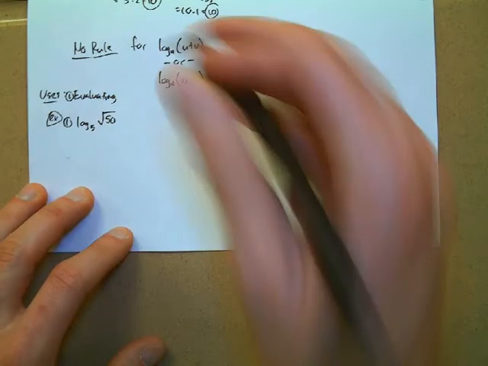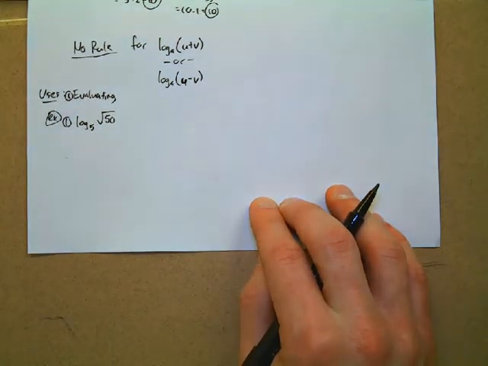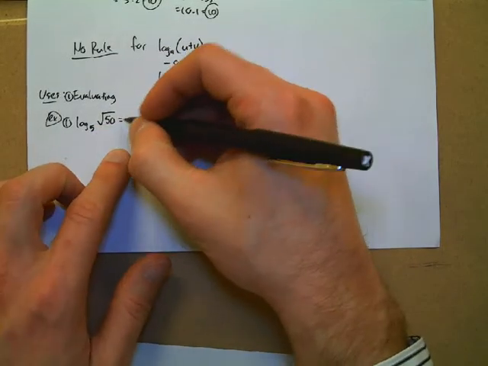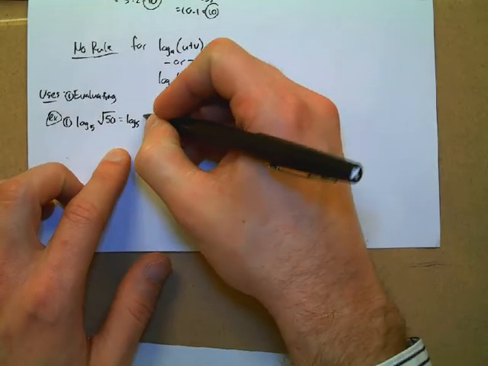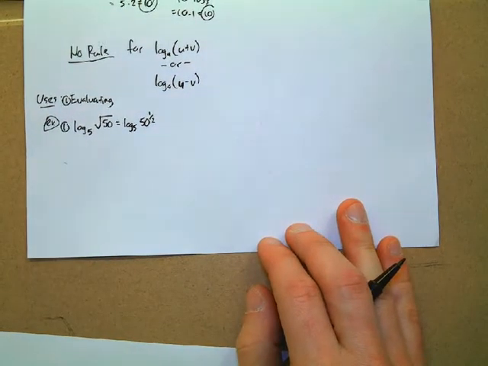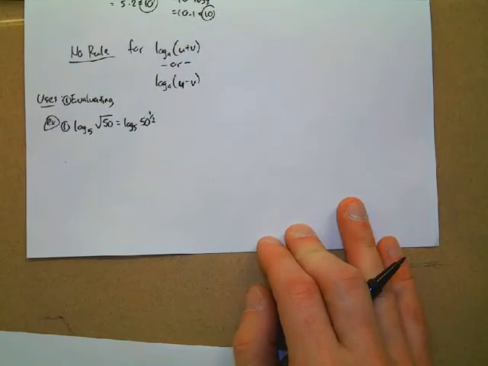We can actually simplify this, right? So, the square root is 50 to the 1/2 power. And that 1/2 exponent, what can we do with that according to our properties? We can bring it out front and multiply. So we can make it instead 1/2 log base 5 of 50, like that.